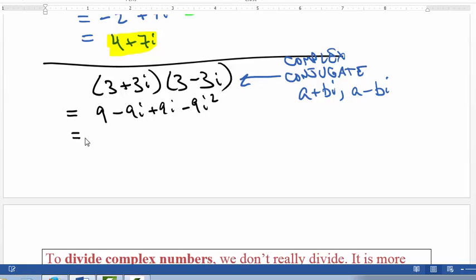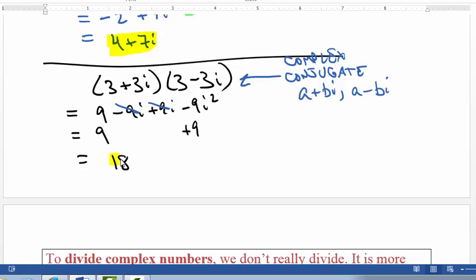So you can see the O and the I are just going to cancel out, their opposites. But with the F and the L, remember what we just said, when you do -9i squared, it changes the sign because it's multiplying by -1, so it becomes +9. So this is really 9 plus 9, which is 18.